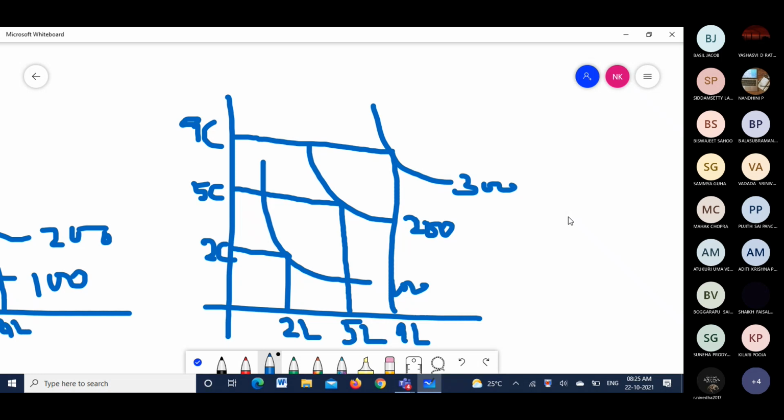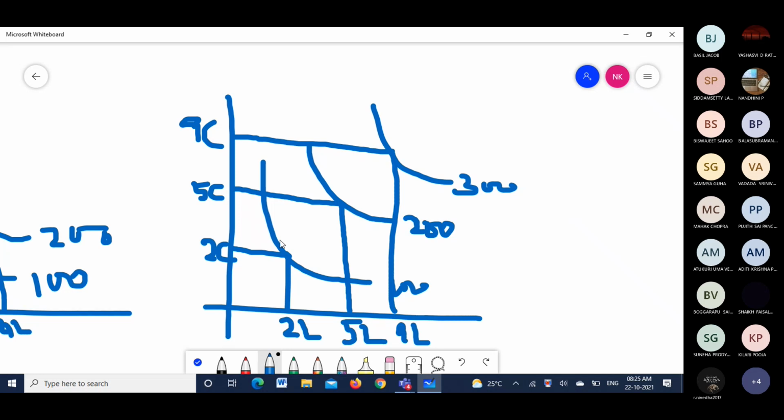They are not that capable. If they use the same proportion of 2 units of labor and 2 units of capital, they will not be in a position to reach that 200. They will be producing below that. So that is why we call it diminishing returns.